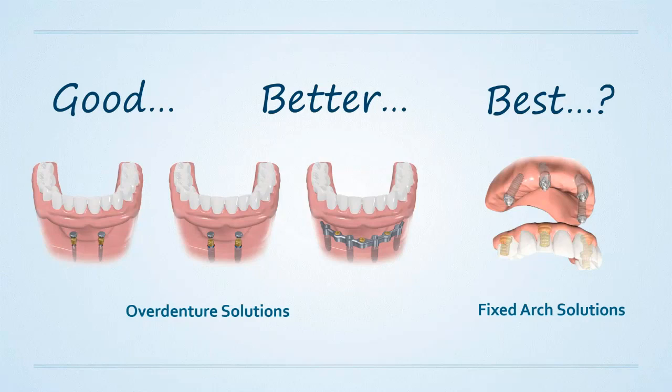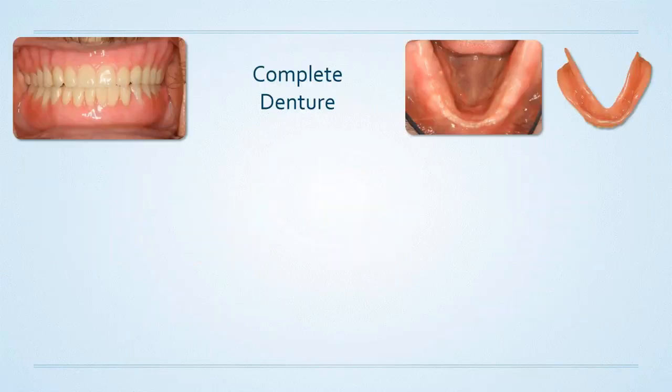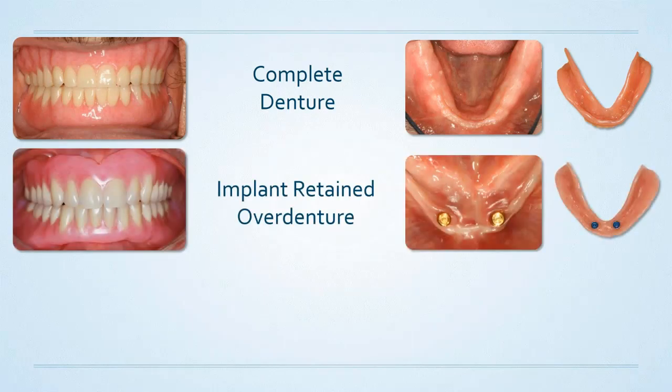So yes, as a general trend, fixed is usually a little bit better than removable. However, there are going to be quite a few patients that, if you put them into a fixed restoration, will not do well. So some of our removable restorative options for full arch complete edentulous patients are complete dentures, of course, and the implant retained overdenture, which is a 2 implant or 4 implant restoration that is tissue supported and implant retained.